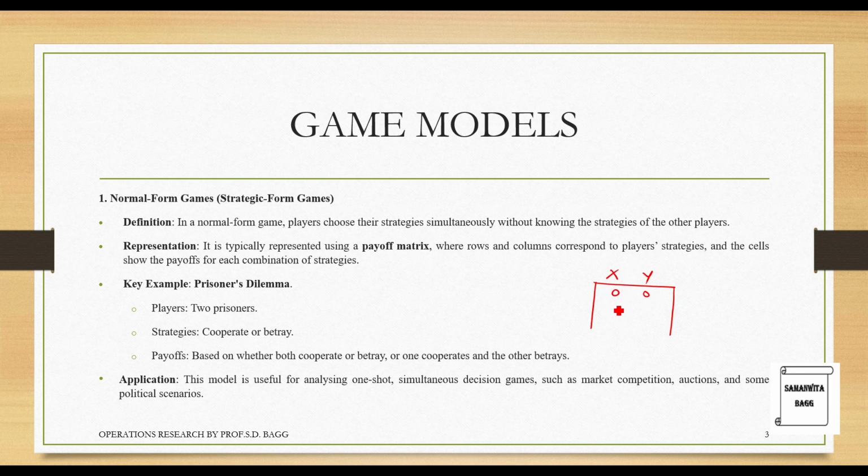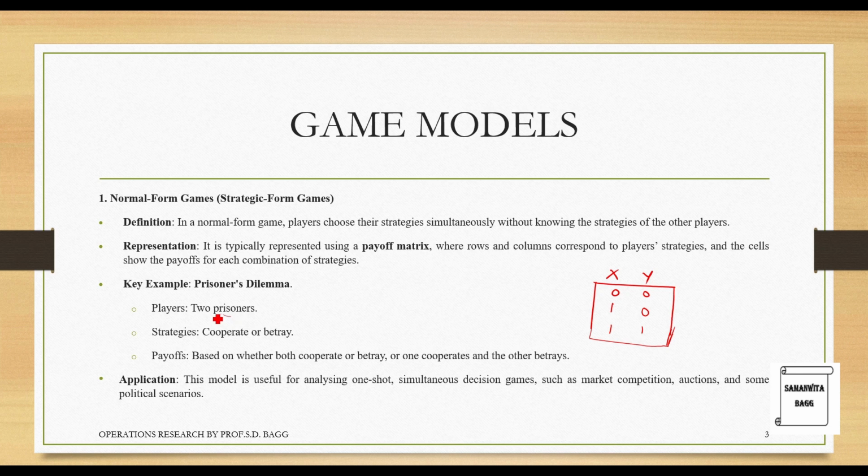It is possible that X has decided to say the truth and Y has still decided to say the lie. So what happens is X will get a lesser punishment and Y will get a severe kind of punishment. It is possible that both of them have decided to say the truth. In that case, both of them will be punished, but the punishment could be of a certain level.